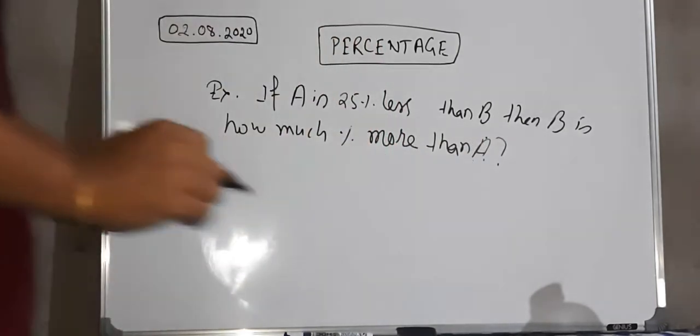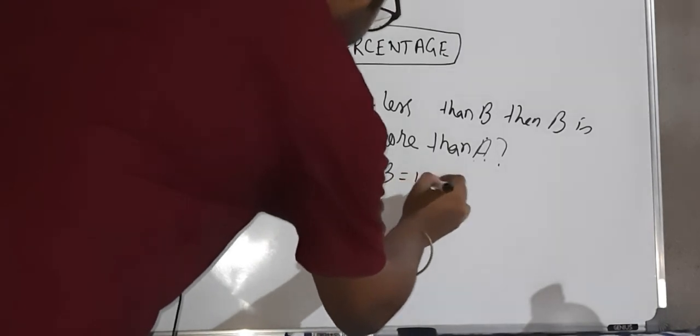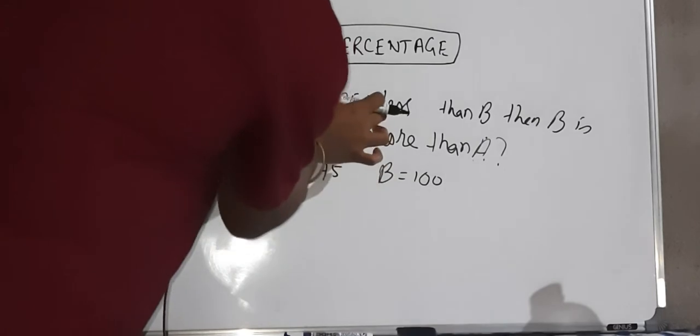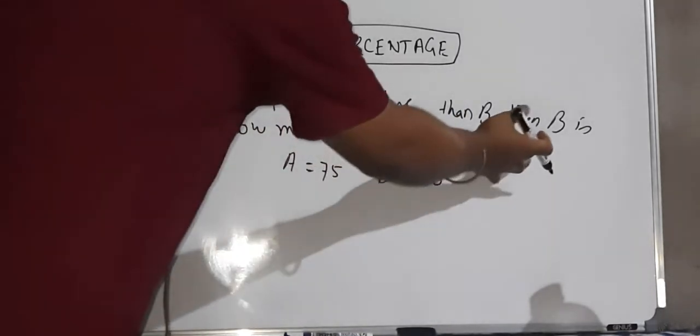How much percent more than A? So again, I'll be using the basic concept of percentage here. So let us assume B is equal to 100, then A is equal to 75 because A is 25% less than B.